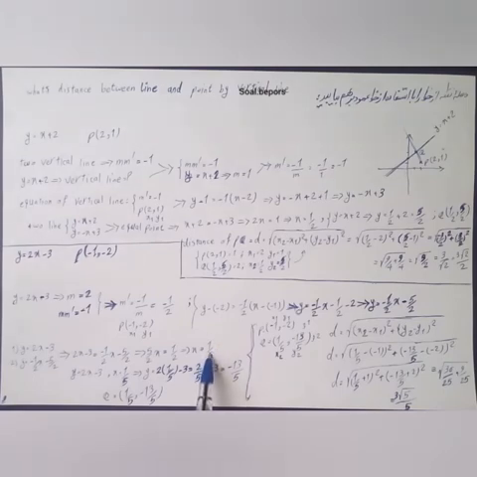Then we put x in one equation, line 1 or 2, no difference, and get the y of the crossing point. So we have the x and y of the crossing point.